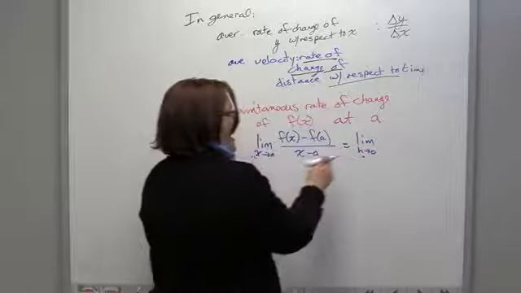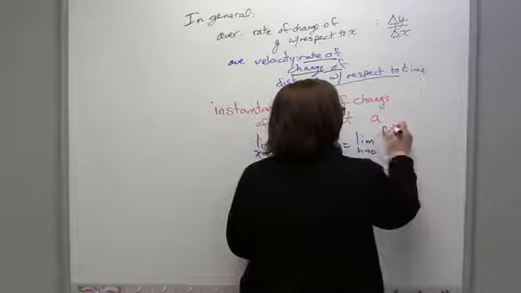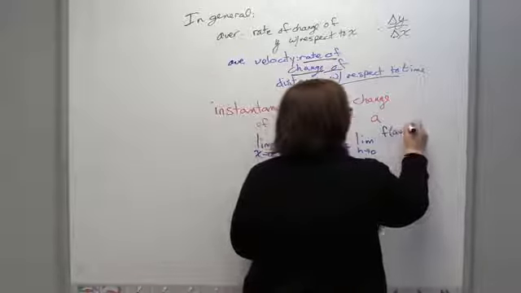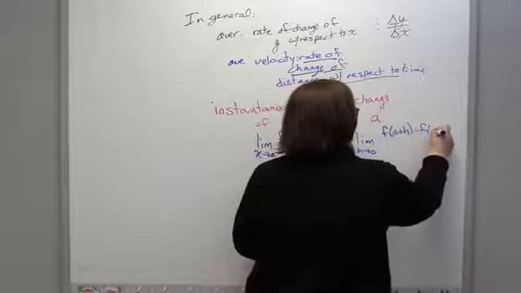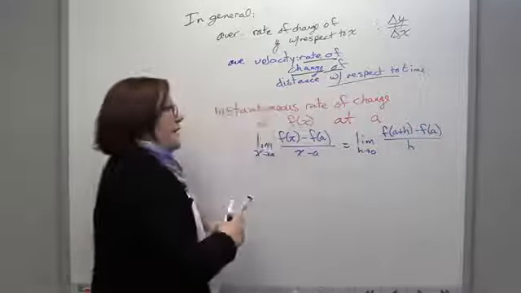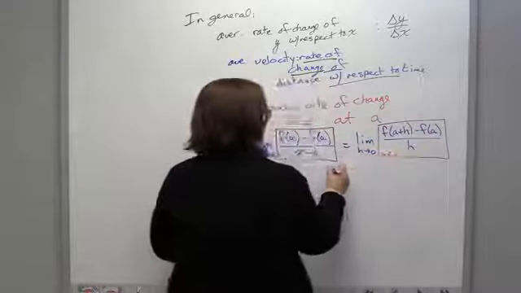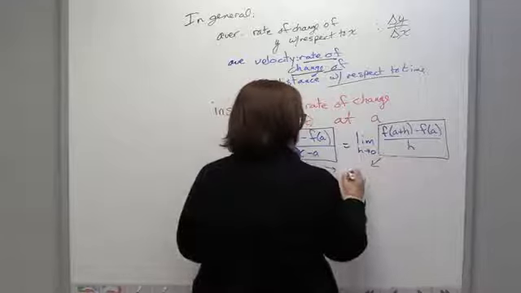Another way of looking at the same thing is if you let h be the difference between x and a, you're looking at f of a plus h minus f of a all over h. And these fractions here, they have a special name called the difference quotient.